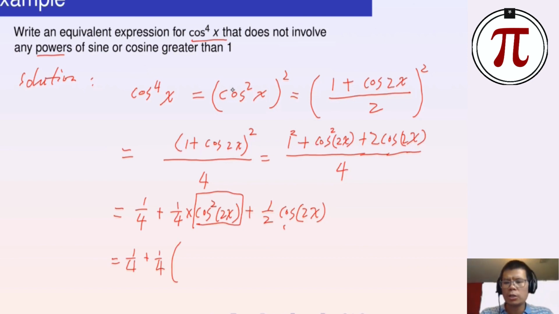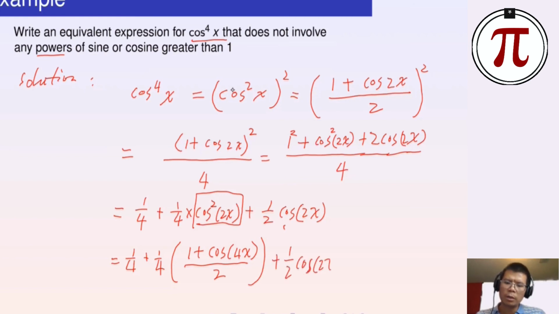We're using 2x as theta, so it's going to be 1 plus cosine of what? 4x, right? 2 times 2x over 2. That's cosine squared 2x, where theta is 2x. 1 plus cosine 4x over 2. That's cosine squared 2x. And plus 1 over 2 cosine of 2x.